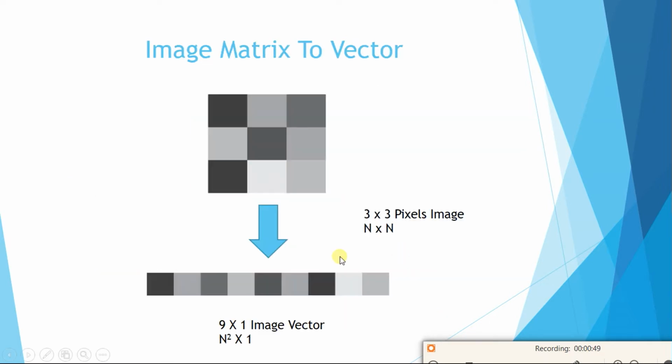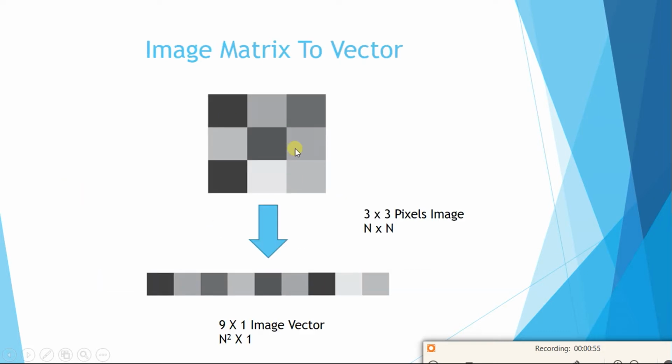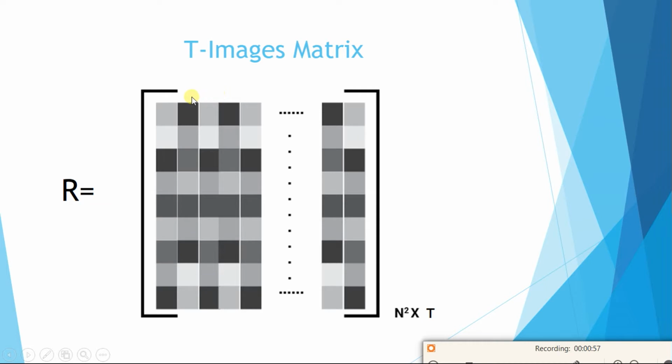First we convert a single image into an array and add it to the matrix, then convert the second image into an array and add it to the matrix. So this is the matrix of all the t images, where t is the total number of images. n square is the dimension of these images, and t is the total number of images. This is the first dimension of the first image, second image, third image, up to t images. So this is our images matrix.